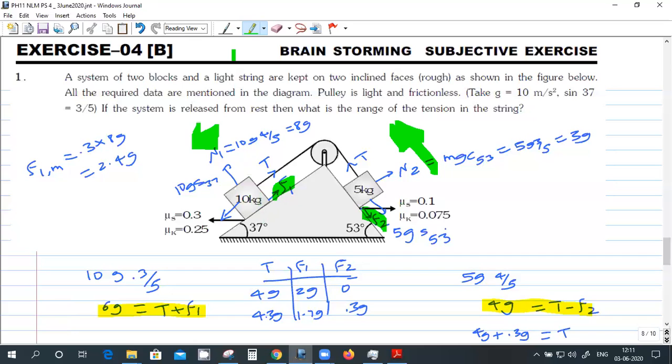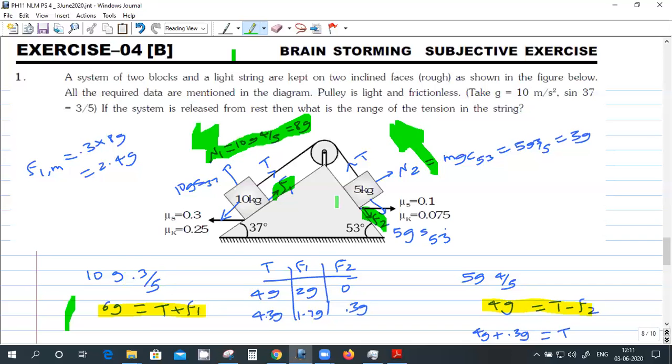6g equal to... here the friction force is mu into N, right? The normal reaction is mg cos theta. Is this clear? Normal reaction in one.